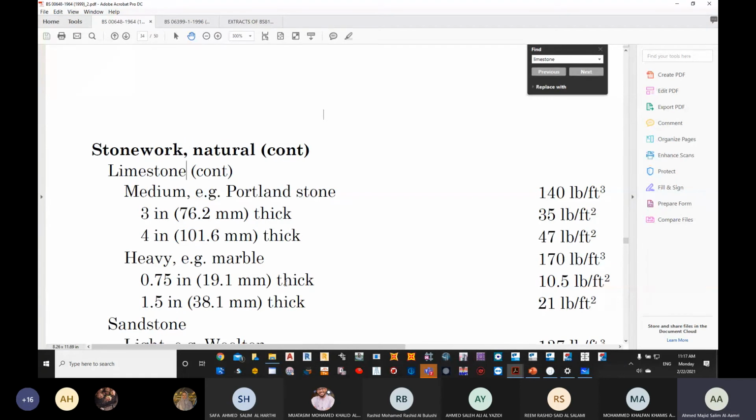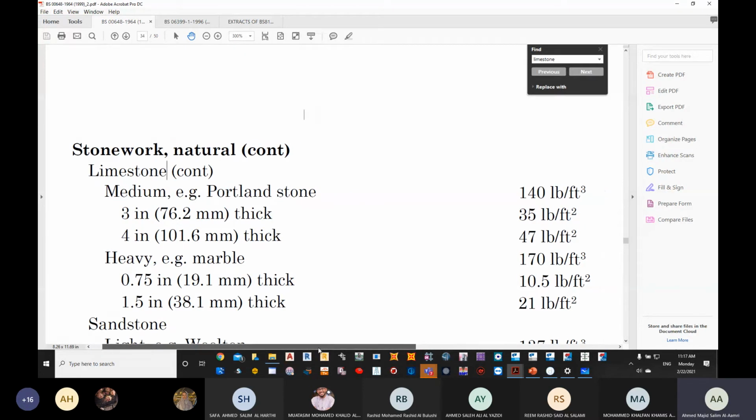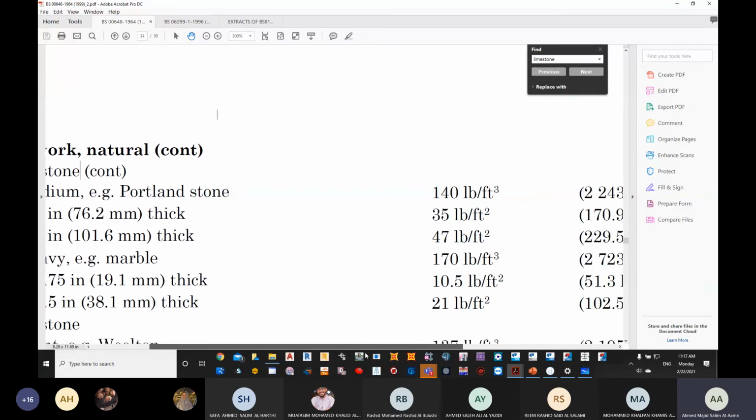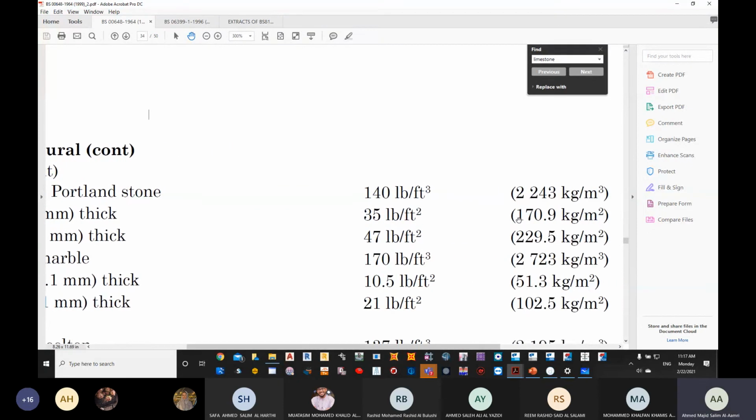Some of the clients want marble. In that scenario, you need to calculate it for marble or heavy. Now, in general, we don't require it to be heavy. We are designing it to be medium. It's not for a toilet, it's for an office. This medium limestone has a density of 2,243.